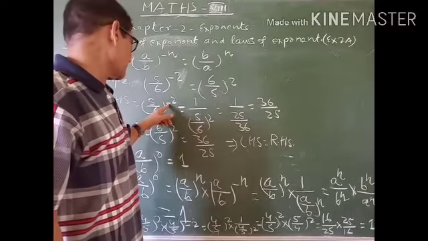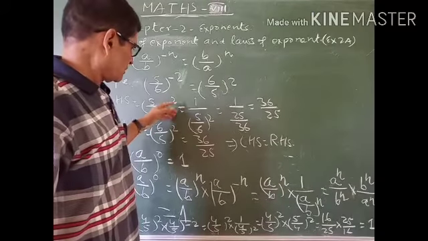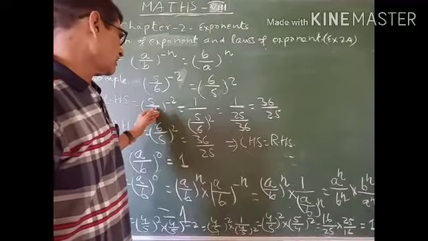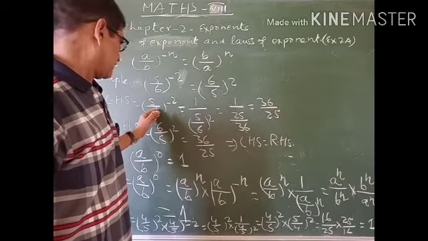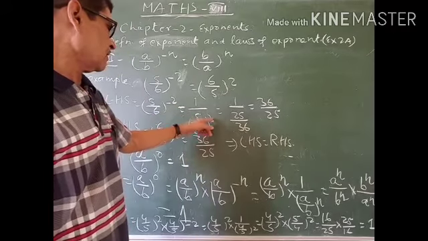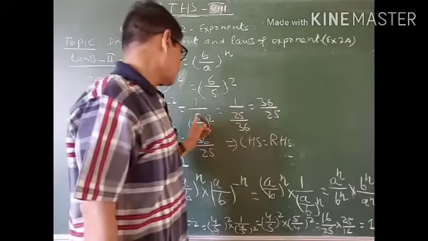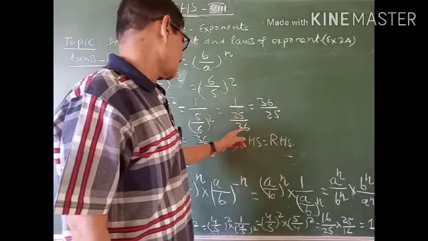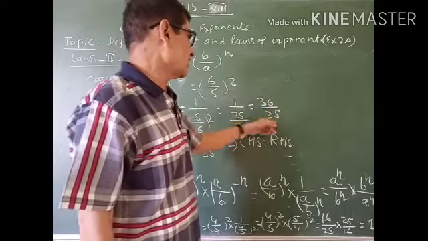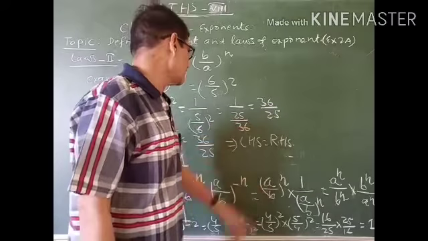Now to change exponent into positive, you must write the reciprocal of the rational number. We have already known it. So 5 by 6 to the power square, this will become positive. This will become 25 by 36 and this will go up, and this is how we get 36 by 25.